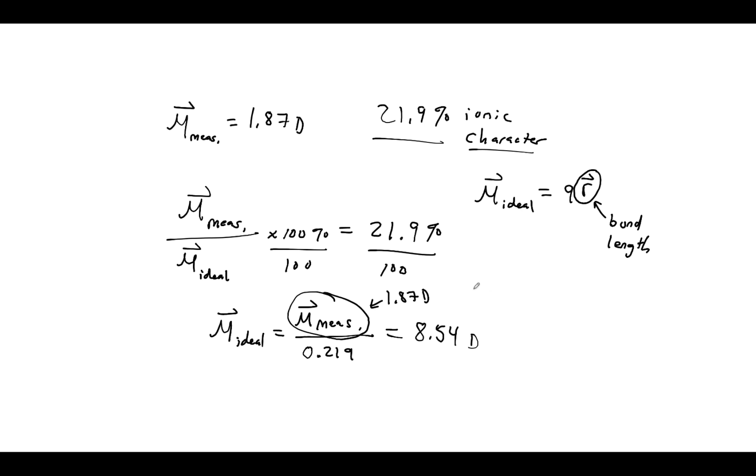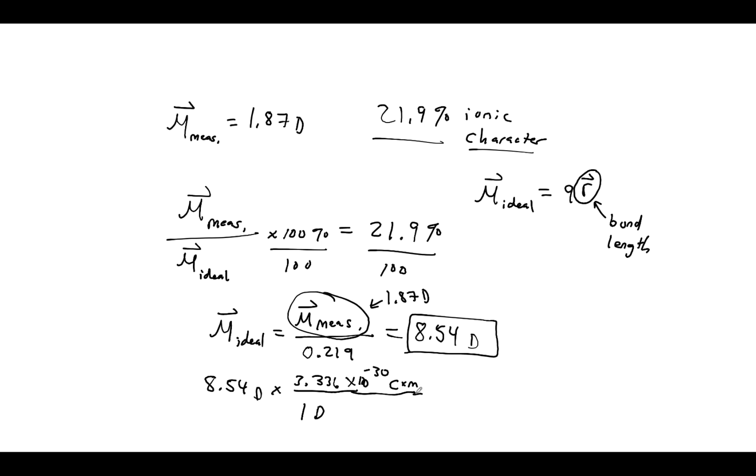So first thing we want to do is get this into proper SI units. The way we do that is we take that value, 8.54 dBi, and I gave you that the conversion is in 1 dBi, there is 3.336 times 10 to the negative 30 Coulomb meters.